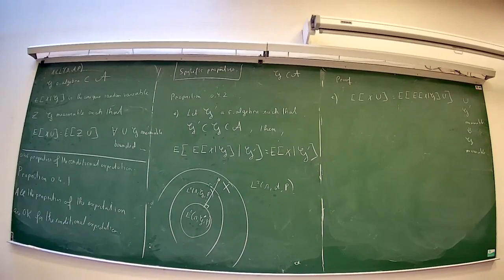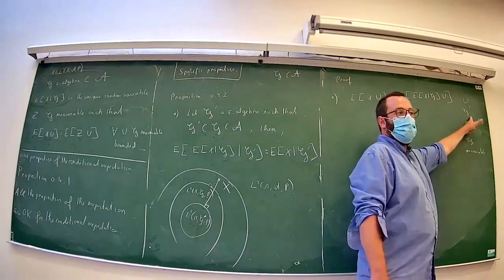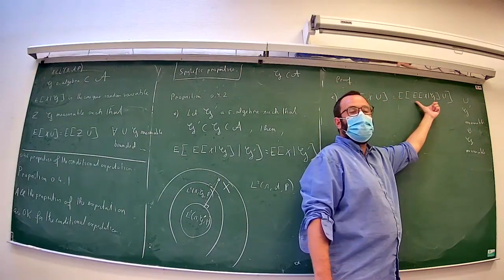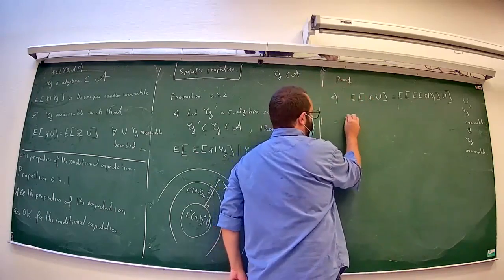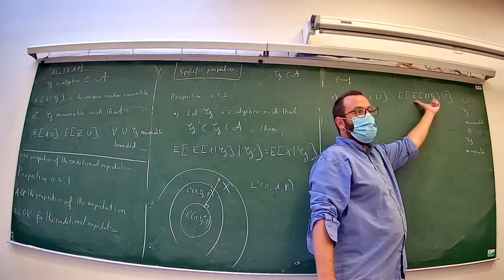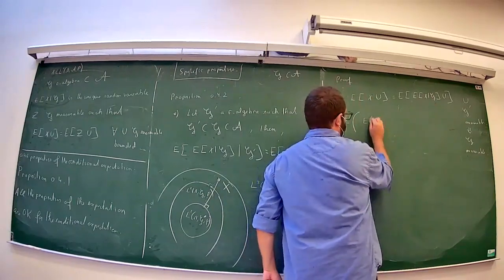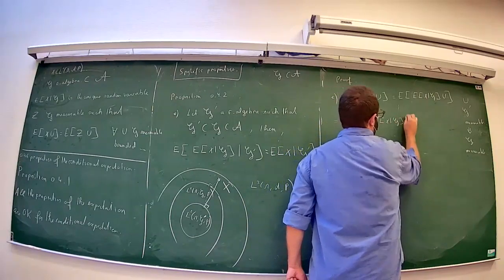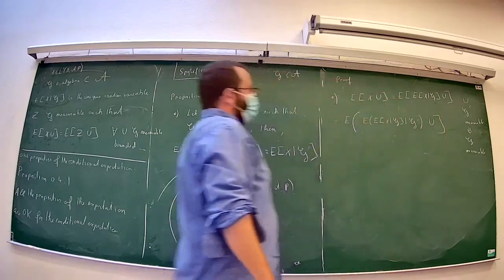Then, U is G prime measurable, and here I have a random variable in L1. By definition of the conditional expectation given G prime, I can write here that this is equal to the expectation of the conditional expectation of this one given G prime times U. And it's finished.